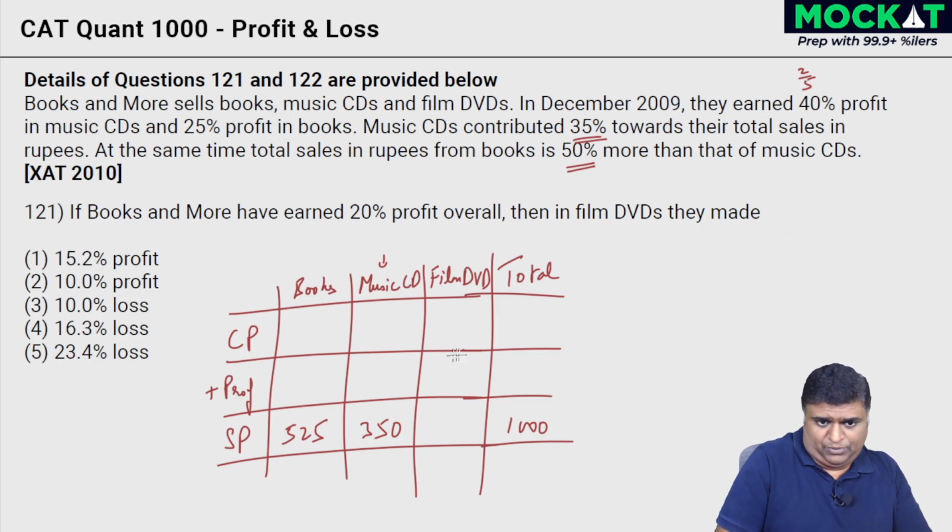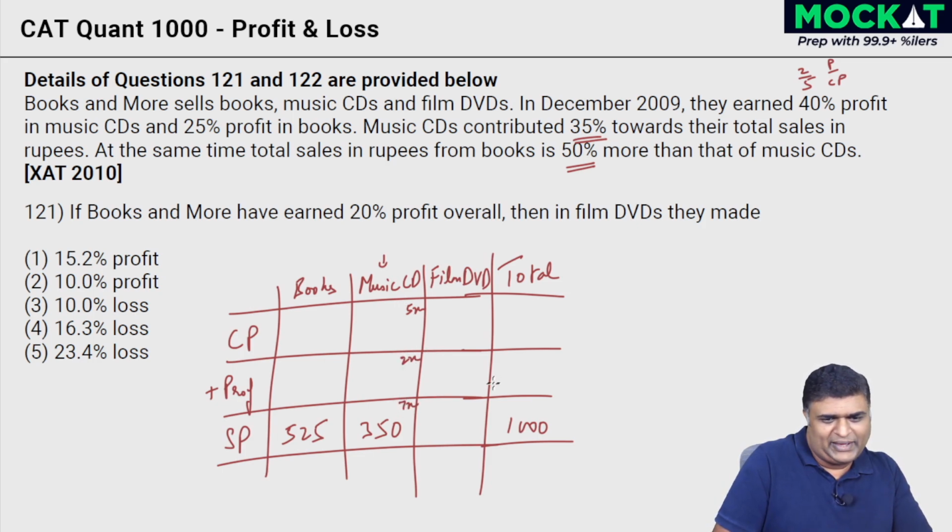So 2/5 is the profit, which means 2/5 of cost price. All that it means is profit by CP is 2 by 5. So 5 rupees is my cost price, 2 rupees is my profit. Just write it down as 5x. If this is 5x, then 2/5 of this, 2x, is my profit. Add it up and you get 7x.